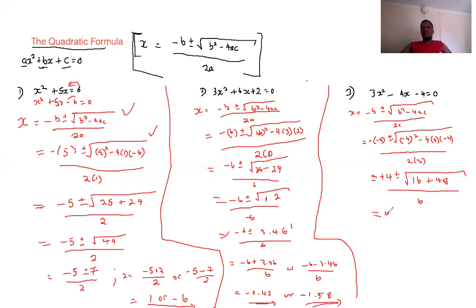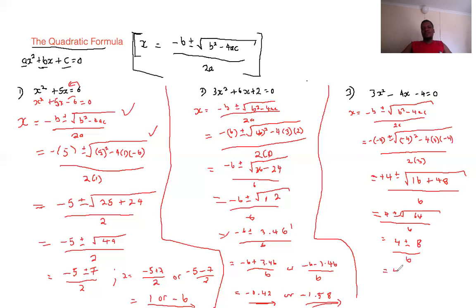This gives us a 4 plus or minus the square root of 16 plus 48, which is 64, over 6. And therefore 4 plus or minus the square root of 64, which is 8, all over 6.